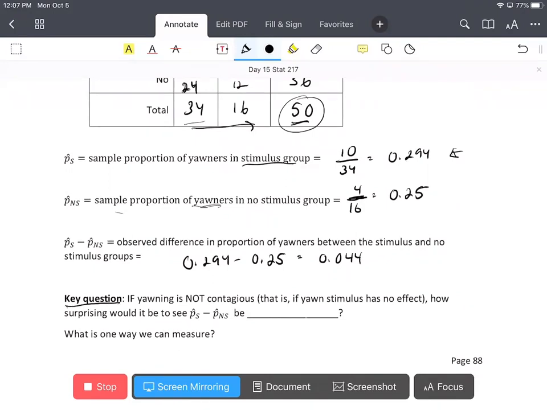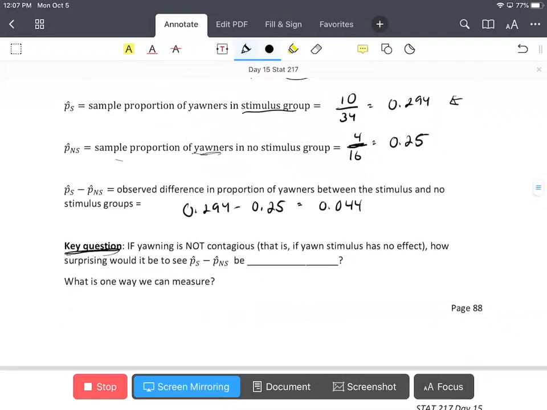So the key question is, if yawning is not contagious, that is, if yawn stimulus has no effect, so the null hypothesis, it's just random chance, how surprising would it be to see this difference of 0.044? So what is one way that we can measure it?